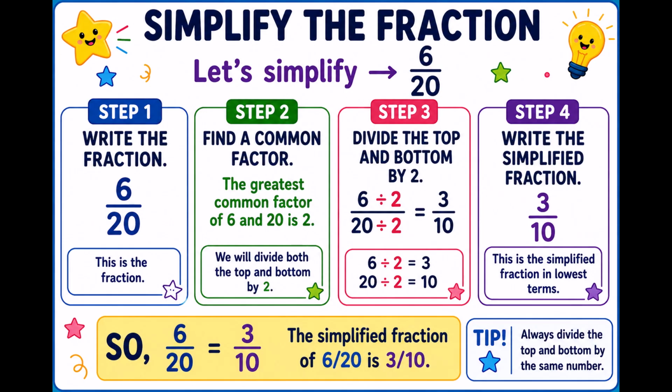Step 4, write the simplified fraction. 6 over 20 came out to 3/10. Now check to see if 3 and 10 have any common factors besides 1. They do not. So 3/10 is in its simplest form.